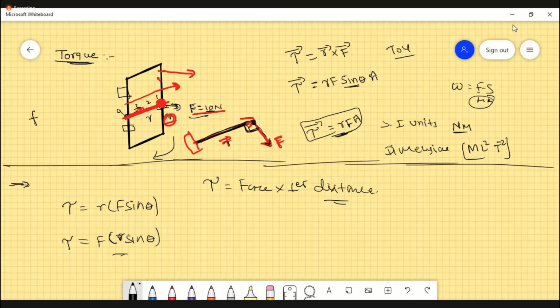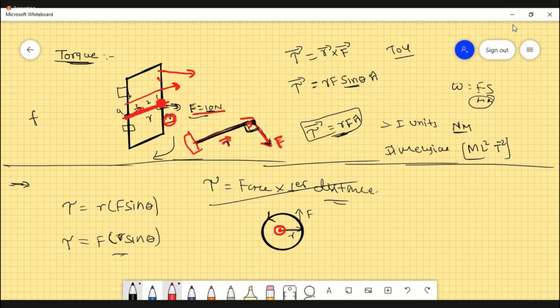Torque will always be along the axis of rotation. Angular velocity is also along the axis of rotation. So it is along the z axis. I keep my four fingers in the direction of the position vector R, and we apply the force in the direction F. Then the torque will be outward, which is the positive z axis.